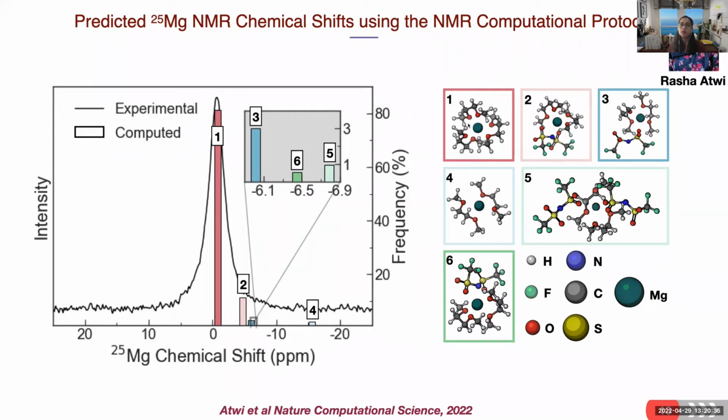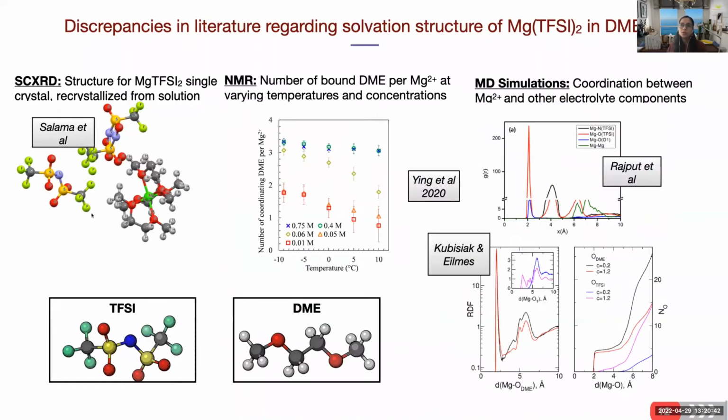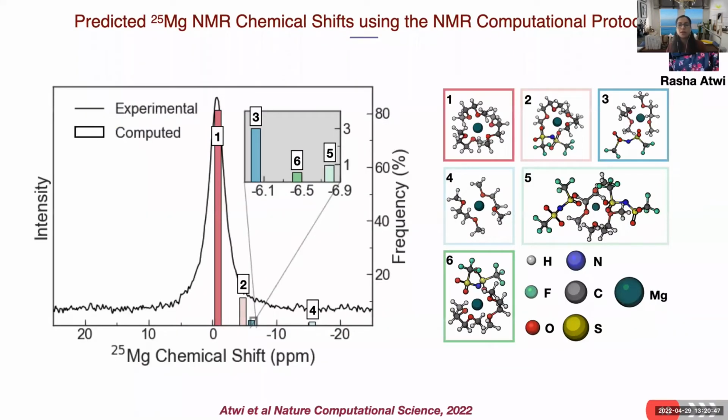And that's the structure where magnesium is surrounded by only the solvent molecule, which was also predicted previously by the SCXRD data. Okay, but the interesting thing about this framework is it not only focuses on this dominant structure that matches with the center of the experimental NMR curve, which has traditionally been the focus of computational NMR studies, but it also allows us to find other stable speciation present in the solution that control the properties of the liquid, but they're hard to identify using experiments alone.